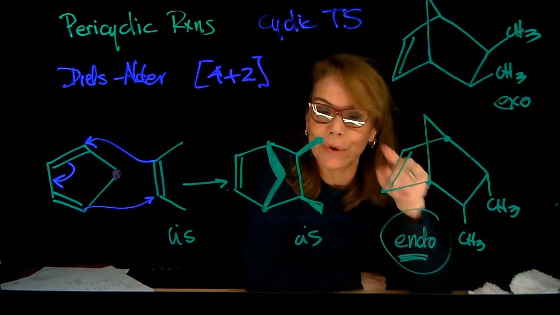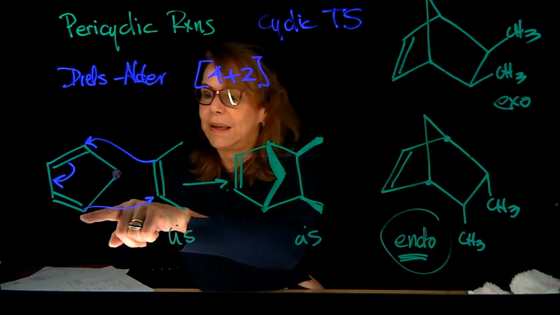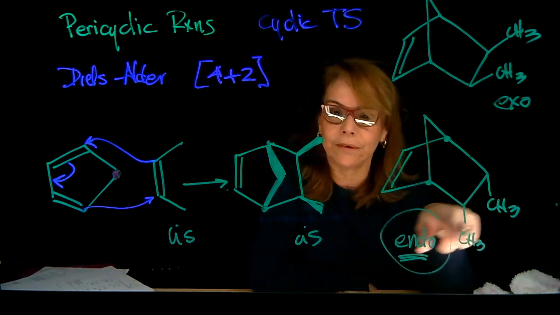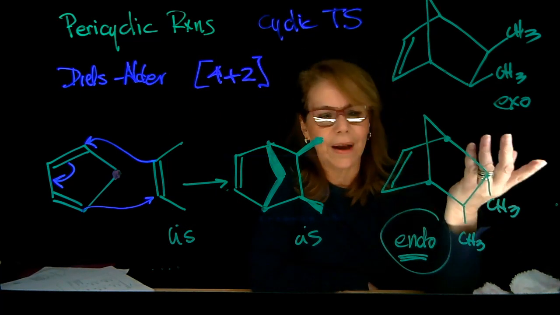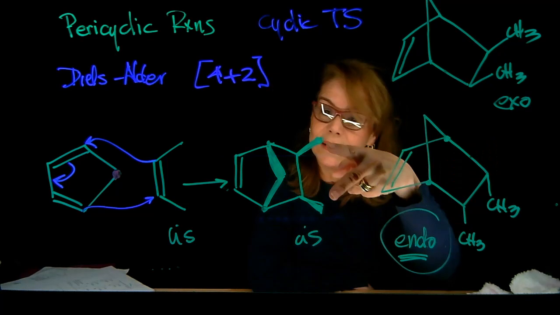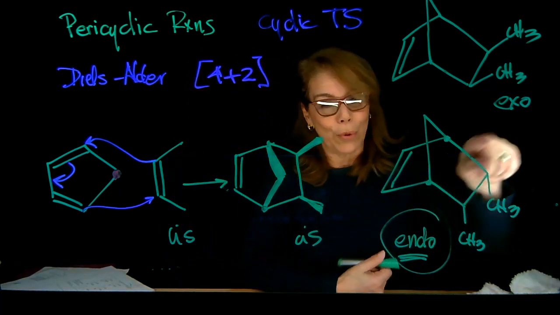Anyway, we need to remember, when we talk about stereospecificity, that if you're forming a bicyclic structure, then the preferred product is the endo product. That happens when you have these 2 cis groups. If you didn't have the cis but you had trans, then you would have 1 up, 1 down.